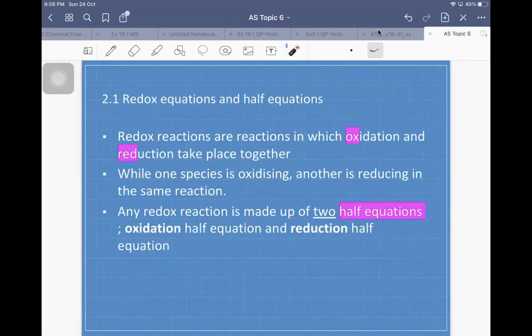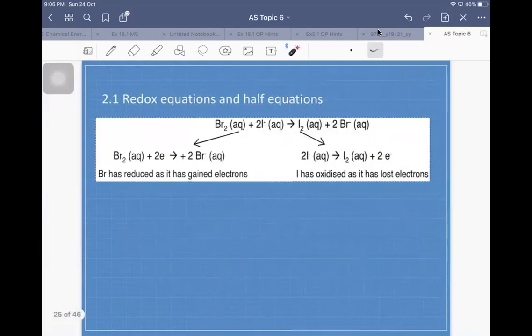A redox reaction is made up of two half equations. The first half equation is oxidation and the second half equation is reduction. So you have to be able to identify the difference between a redox equation and half equations. We'll look at the next slide, and this is in your notes on page 2.